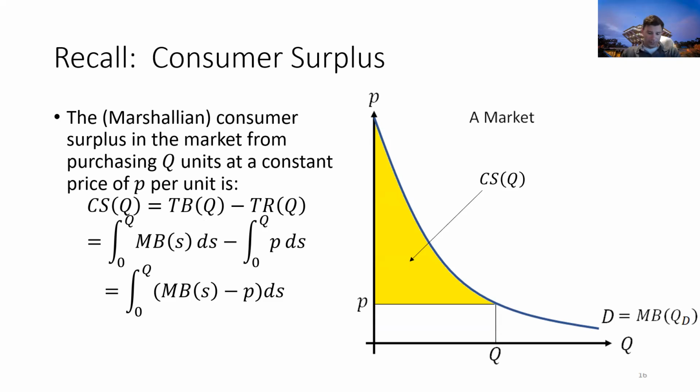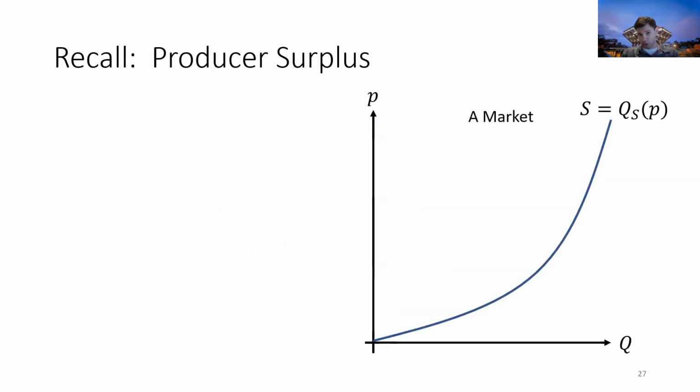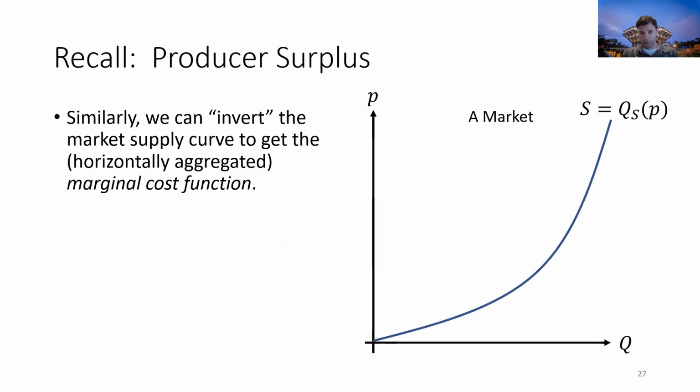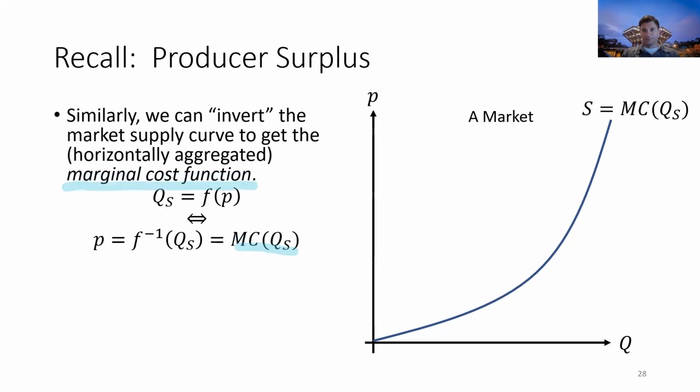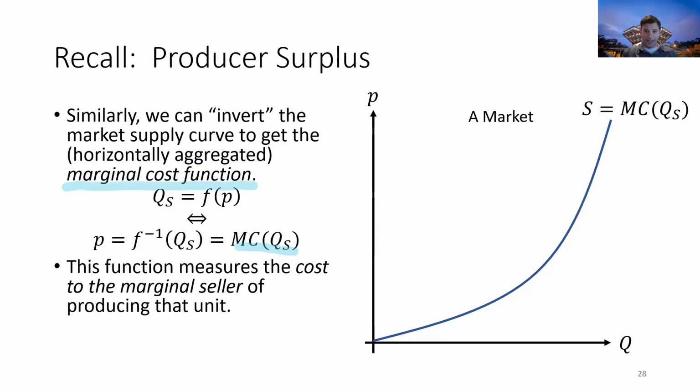Now, hopefully producer surplus is pretty quick to recall. We can take the supply curve and invert it to give us our marginal cost function, just like what we did in the lecture survey question today, first using Hotelling's lemma to get the supply curve. And we can rewrite this as our marginal cost. There it is. Then we recognized that the supply curve is really measuring the marginal cost of each unit from the seller's perspective.